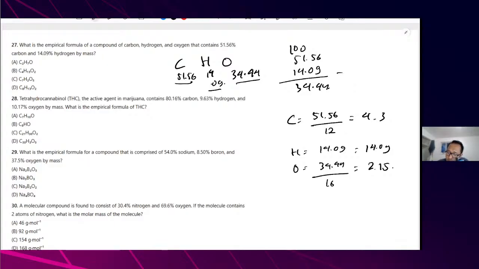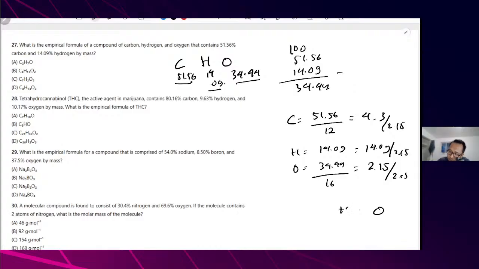Now let's bring these together. How to do that? Just make the lowest one 1. So this one is 2.15, and this one is 2.15, so O should be 1.